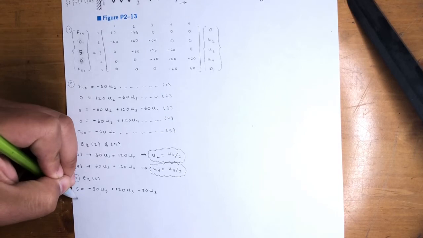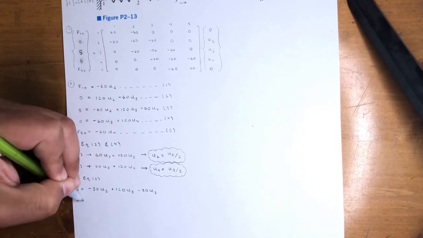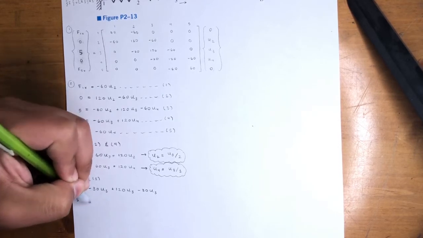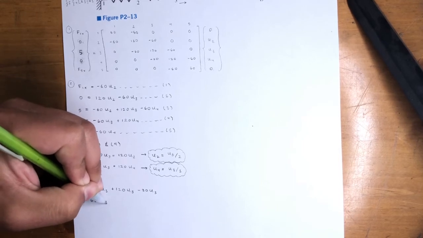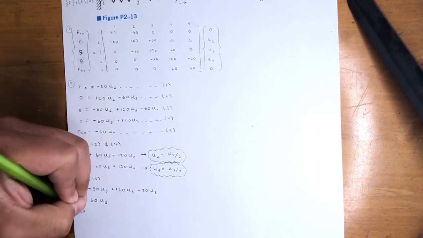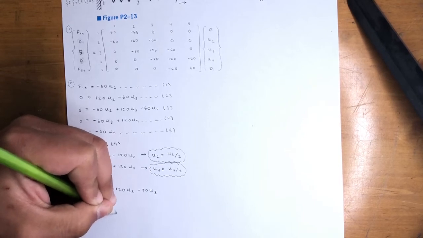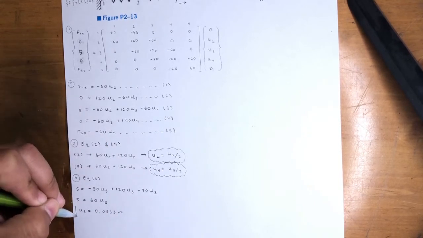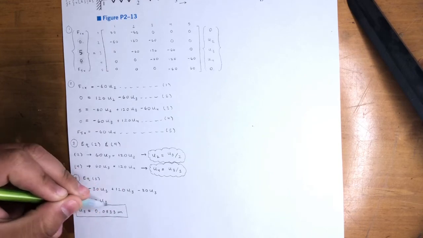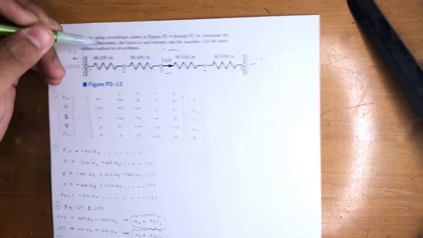Add them up together, we will get 5 is equal to 60 u3. That means u3 will be 0.0833 meters.